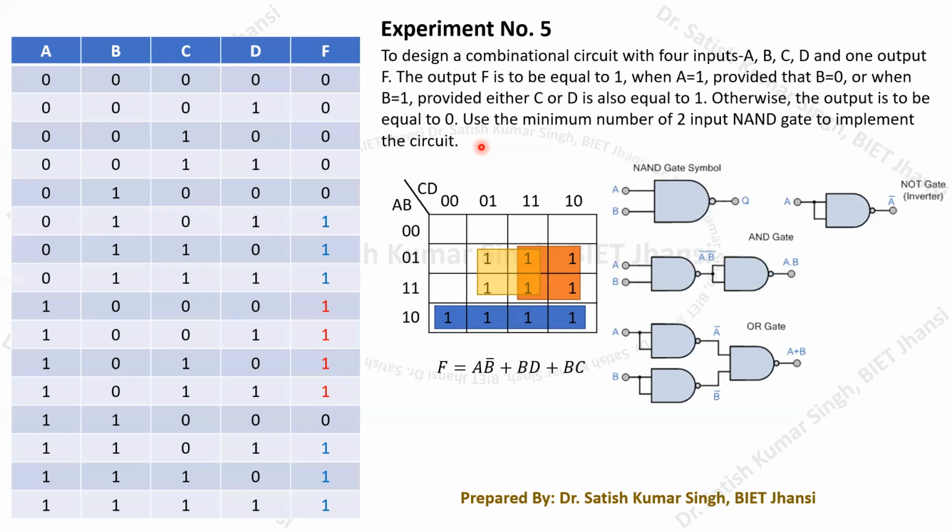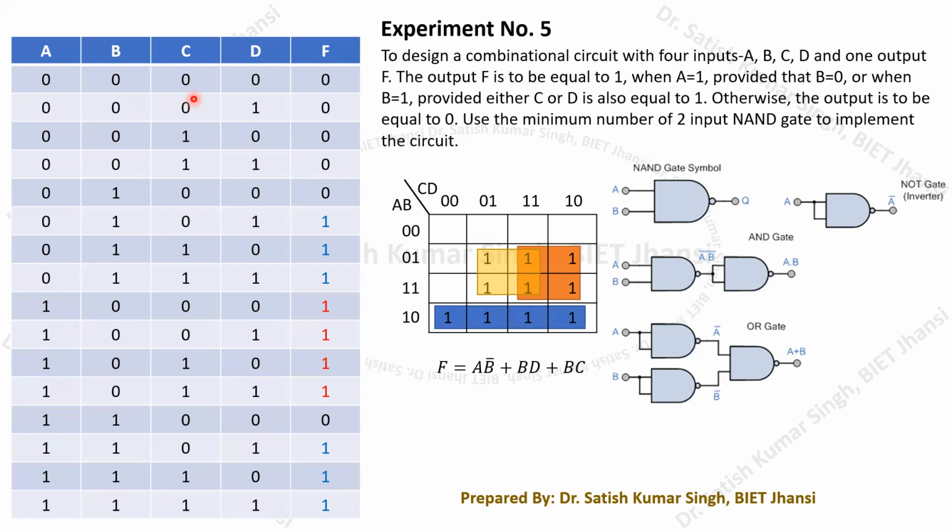As you can see, we have to design a combinational circuit with 4 inputs A, B, C, D and one output F. So I am taking this truth table that consists of 4 inputs A, B, C, D and one output F. Here I can write all the 16 possible combinations of these 4 inputs, which I have already written over here. We have a total of 16 rows, based on the combinations of ABCD.